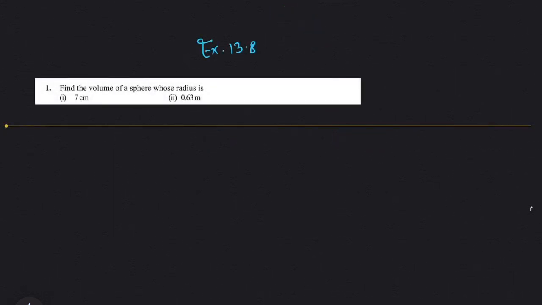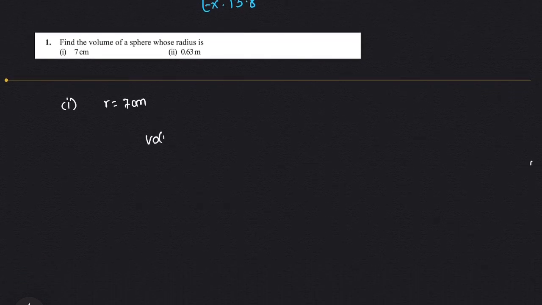Exercise 13.8, question number 1. Find the volume of sphere whose radius is given. It's very simple. The first one, the radius r is equal to 7 centimeter. So we know the formula. Volume of sphere, four by 3 pi r cube.